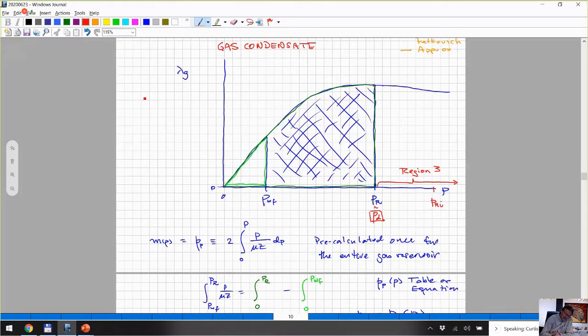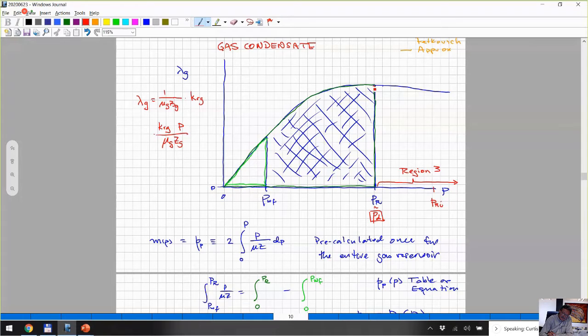So now in the gas condensate, this is equal to 1 over mu G B G times KRG, or KRG P over mu G Z G, something like that. Okay, it's going to be one of these two.